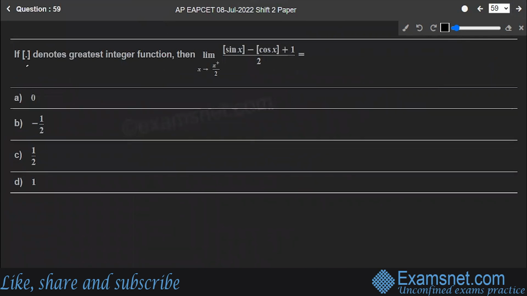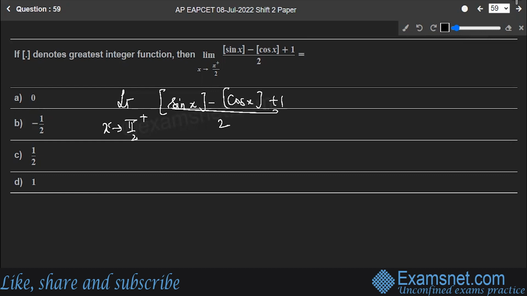It says if this denotes the greatest integer function, then you have to find out the value of this expression. So you are given limit x approaching pi by 2 plus of [sin x minus cos x] upon 2, plus 1.